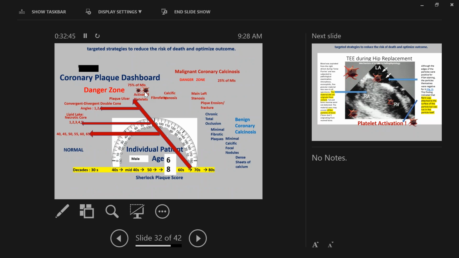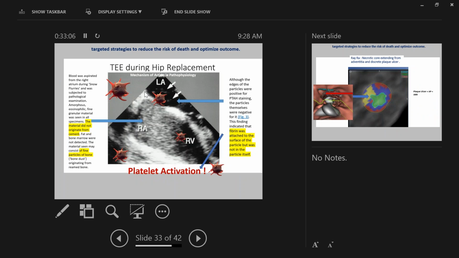And so here's the index case, which is the gentleman who is going to have a plaque ulcer, activated platelets, convergent, divergent double cone, a lipid lake with a necrotic core, and a significant stenosis that we basically estimated that he was going to have a heart attack within 24 hours of surgery.